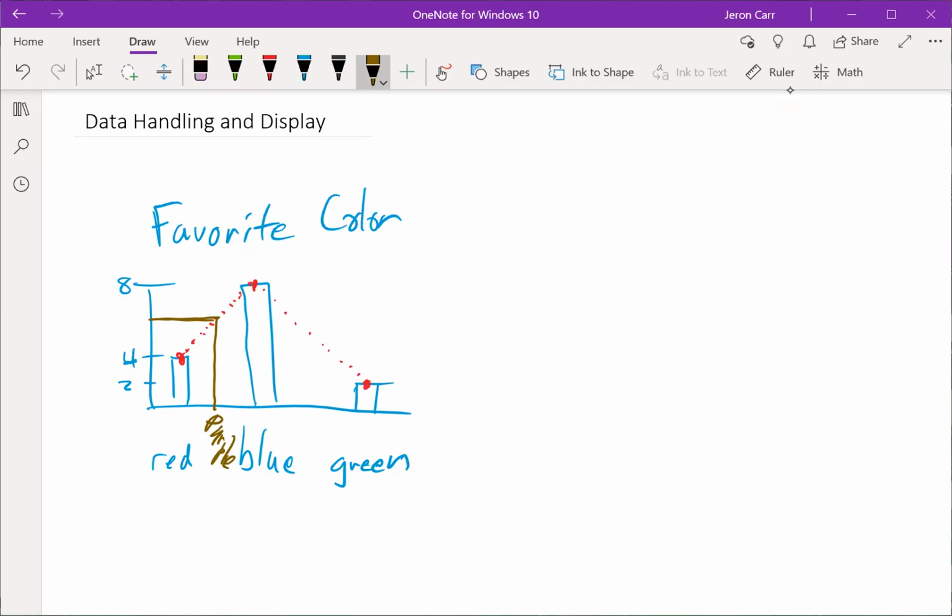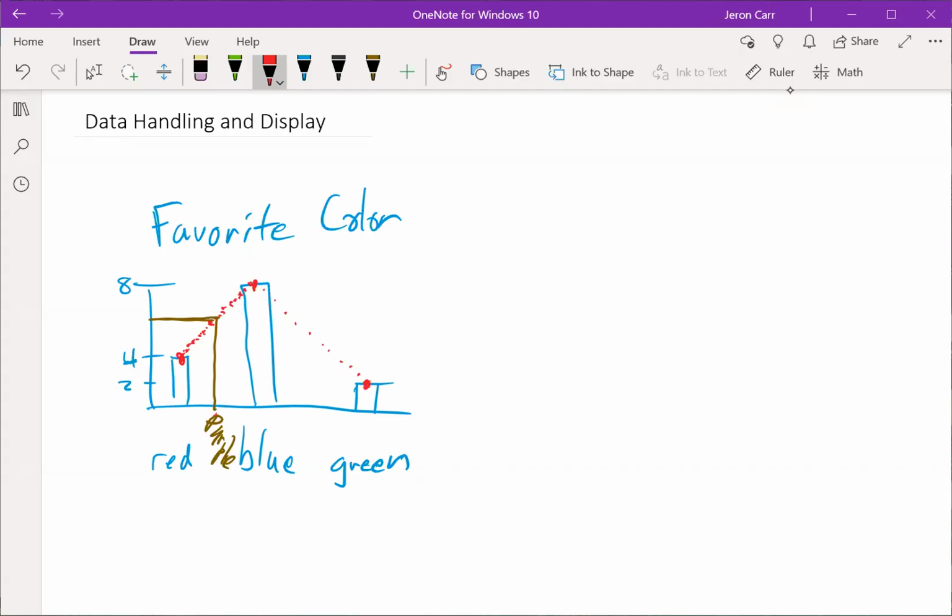So let's say that again. Because I drew a line, I am claiming that all of these in-between points are valid measurements. And because purple is halfway between being red and being blue, having data about red and having data about blue allows me to make a conclusion about how many people would like purple.